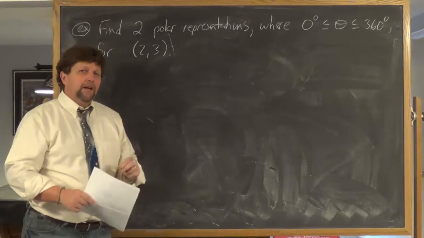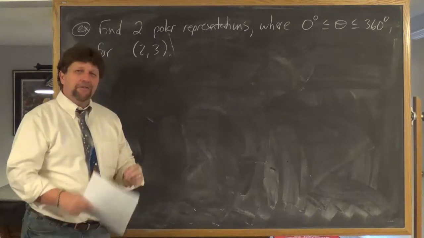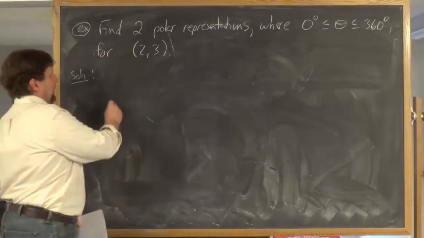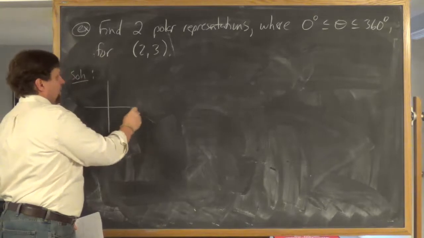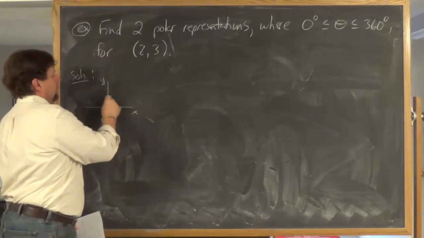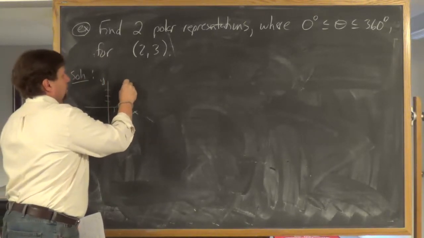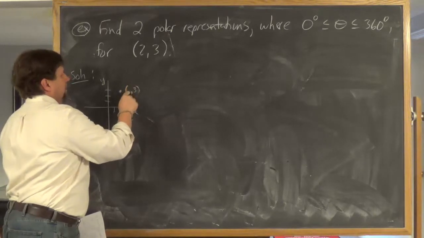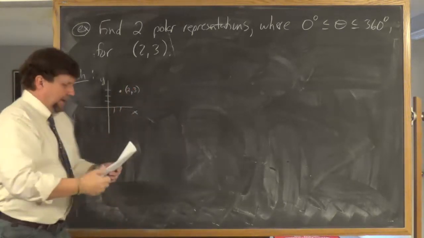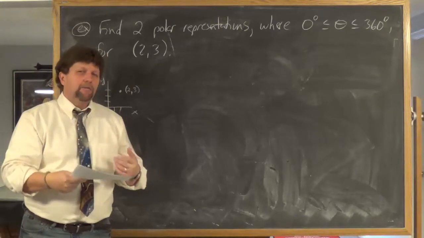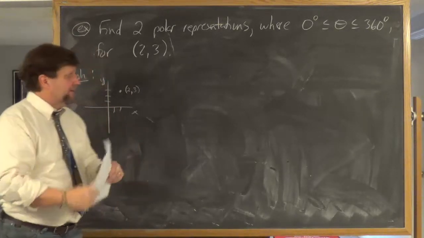Believe it or not, the first thing I do for a problem like this is quickly plot my point. That's my point 2, 3. You'll see why I think plotting the point helps in a minute.